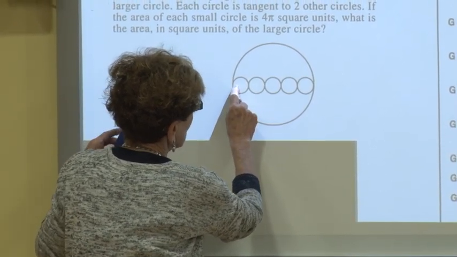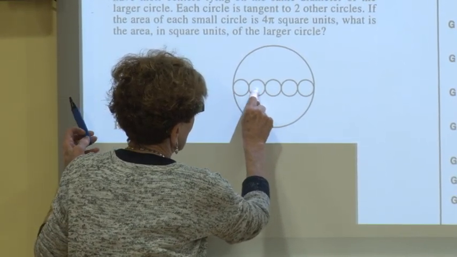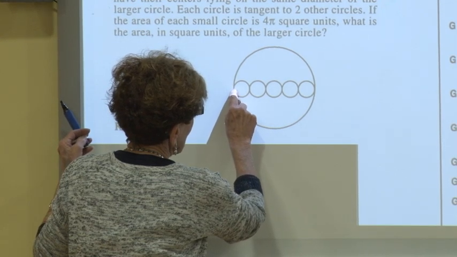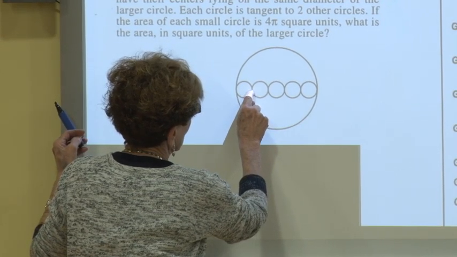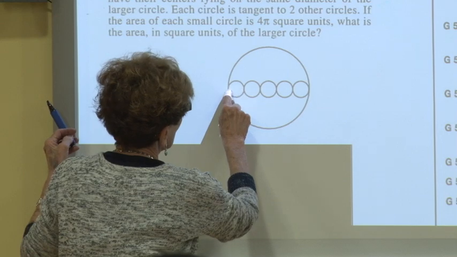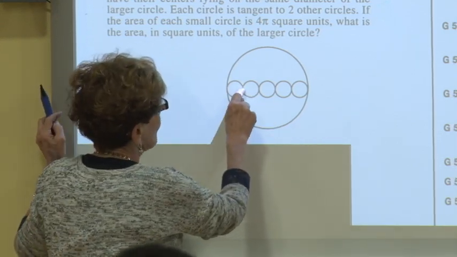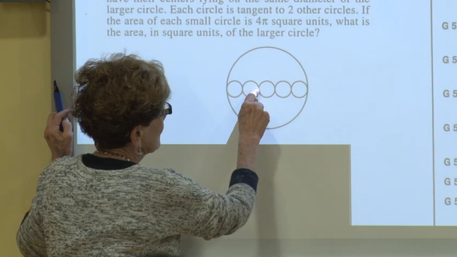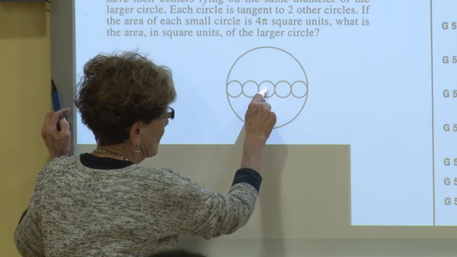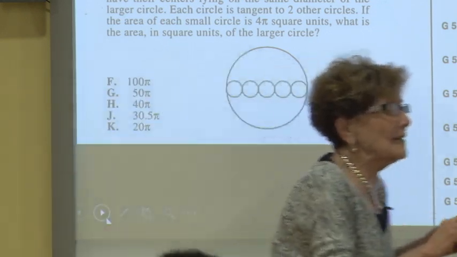Now, describe that to me in English. Here it would be the what of this circle? So diameter and then radius. Now, write that down.